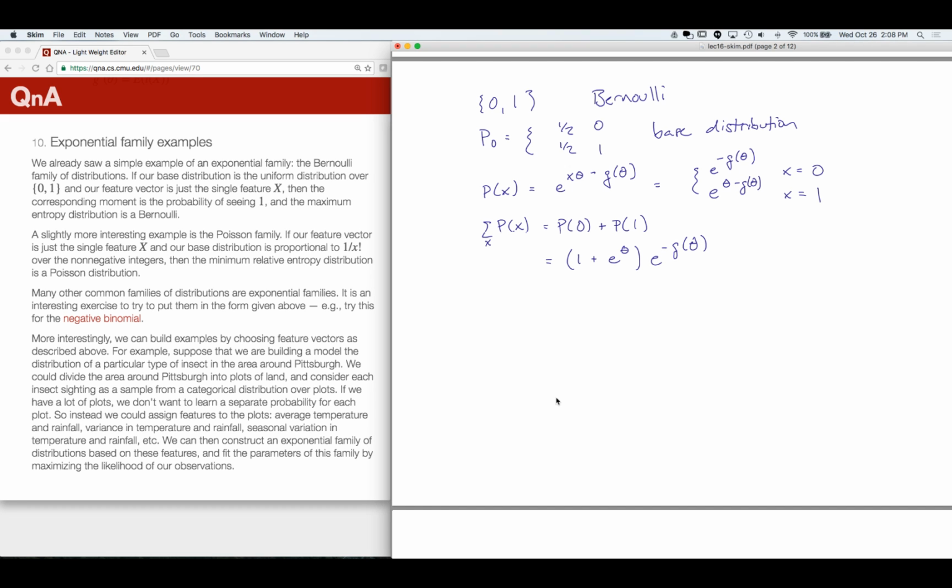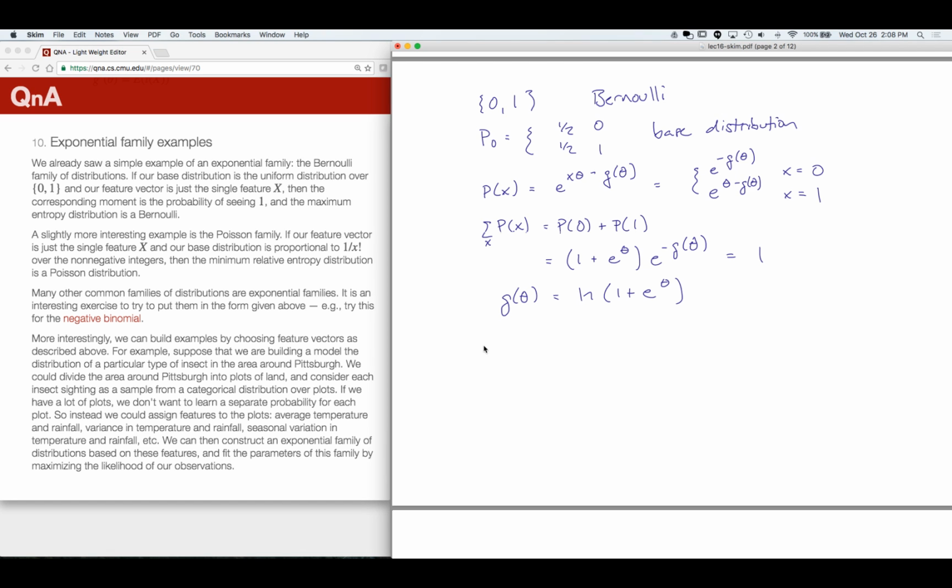And this is supposed to be equal to 1 in order for it to be a probability distribution. And so that says that g of theta, if we just solve that, is log of 1 plus e to the theta, right?